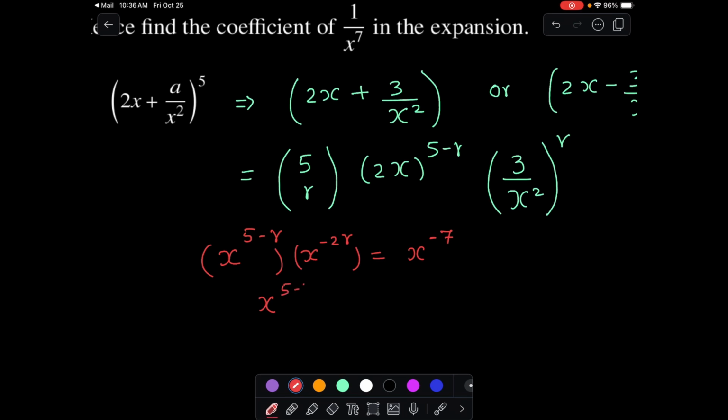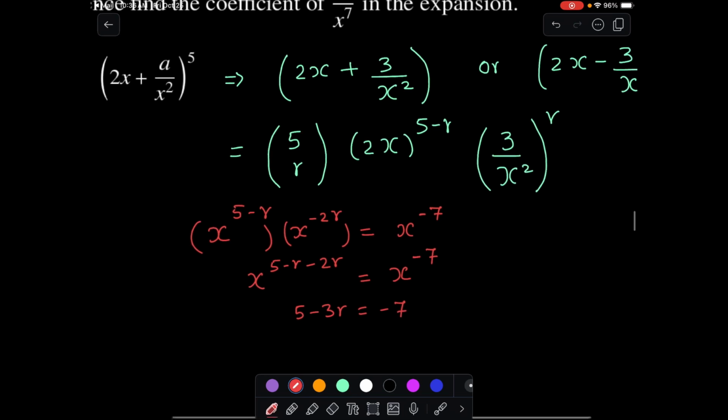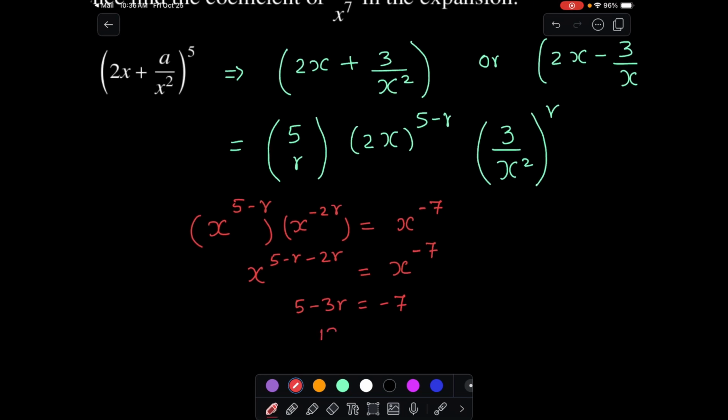So x to the power of 5 minus r minus 2r is equal to x to the power of minus 7, or 5 minus 3r is equal to minus 7. That gives me 12 equal to 3r, or r is equal to 4.